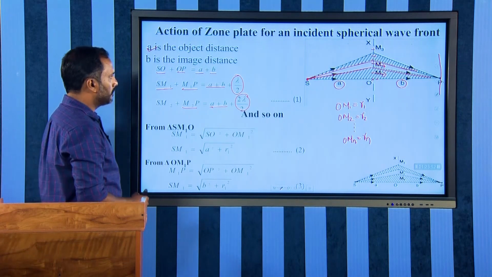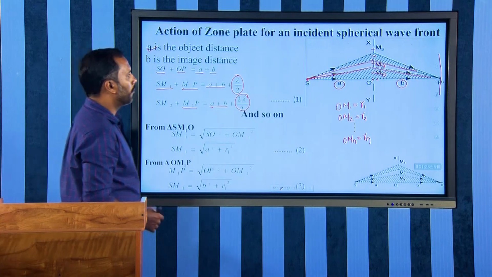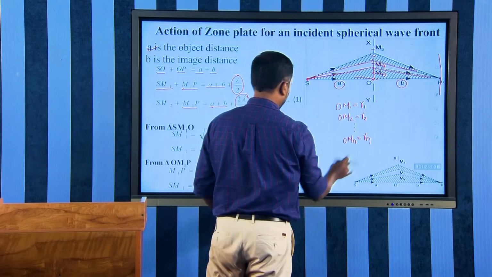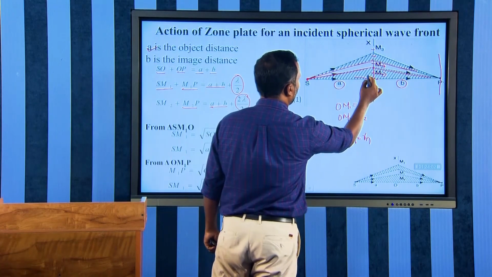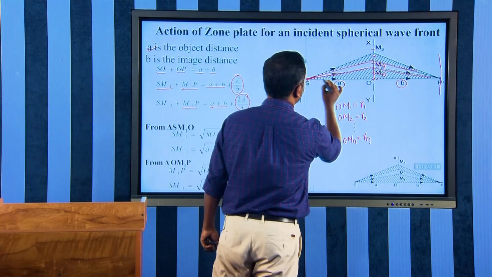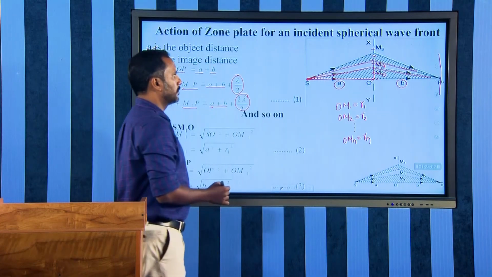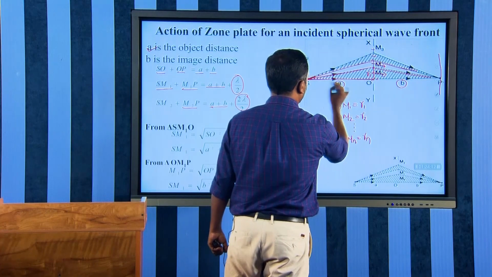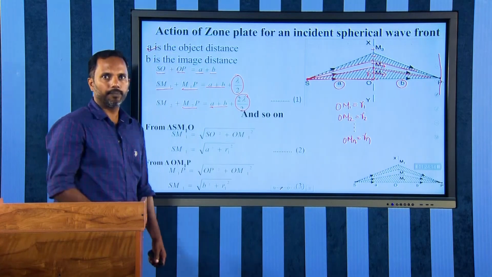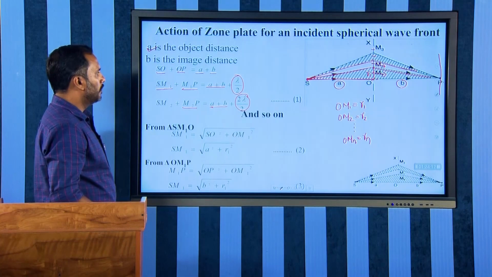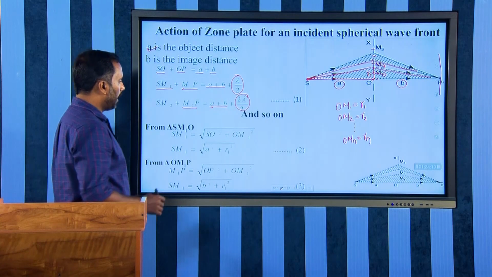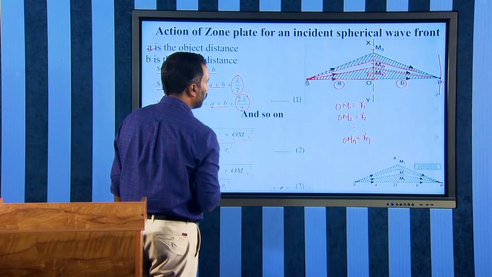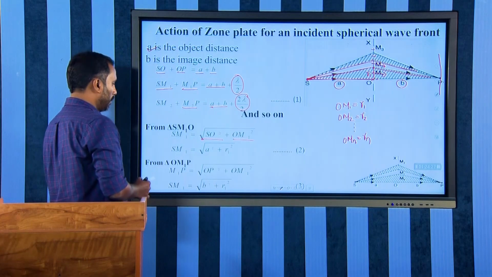Now, let us consider the triangle SM1O. Here this radius is R1, the base length is A. So, SM1 can be written as the square root of SO square plus OM1 square, by using the simple theorem.